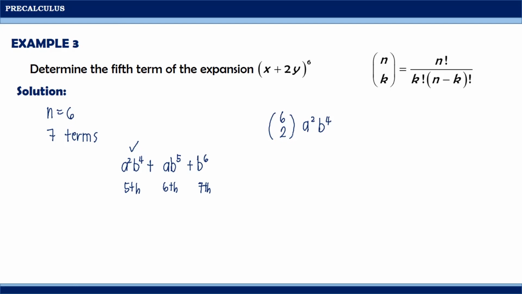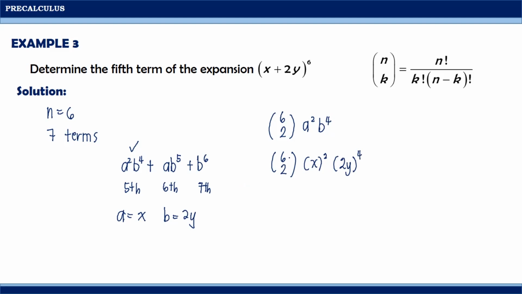So going back to our given (x + 2y) raised to 6, we can see that a is equal to x and b is equal to 2y. Therefore, substituting this in this term, we are going to have 6 taken 2 times x squared times (2y) raised to 4.